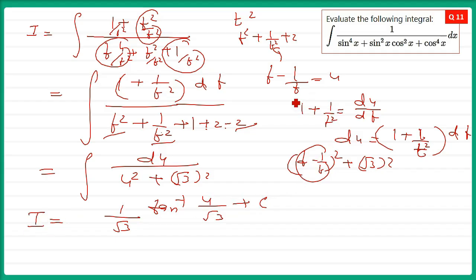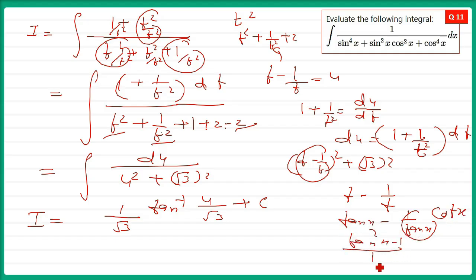But u has to be replaced by t term, and t has to be replaced by the tan x we have taken earlier. So if we replace this t by tan x, it will be tan x minus 1 by tan x, or tan square x minus 1 divided by tan x, but there is no use of doing that. So rather than doing that, just take this 1 by tan x as cot x and write this as tan x minus cot x.